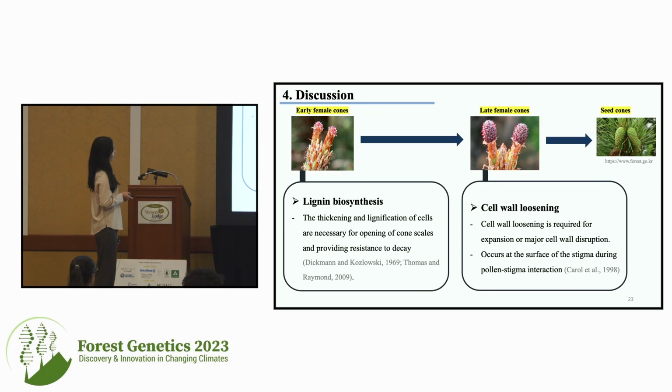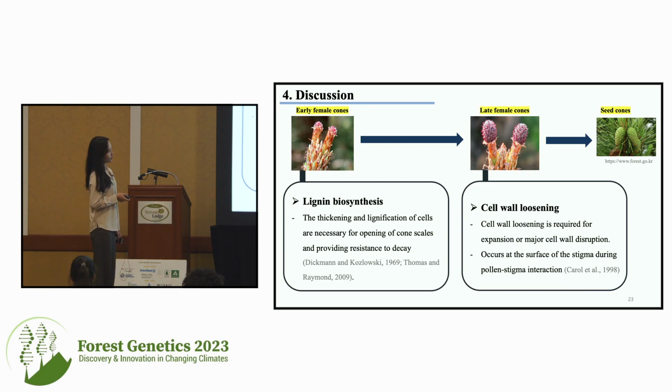In the early female cones, lignin biosynthesis was predominant. It is reported that the thickening and lignification of cells are necessary for opening of cone scales and providing resistance to decay. On the other hand, in late female cones, cell wall loosening is activated.